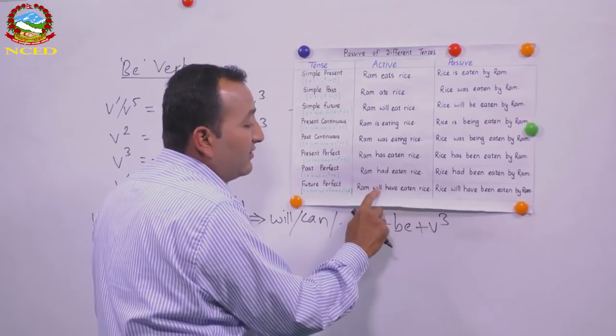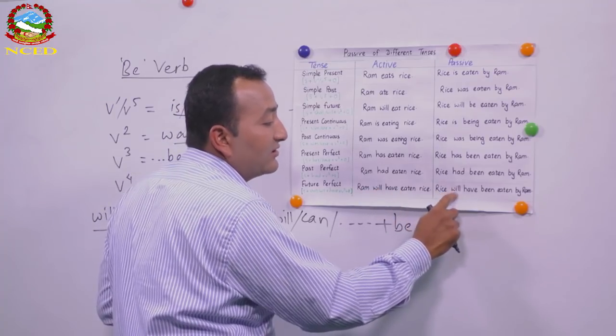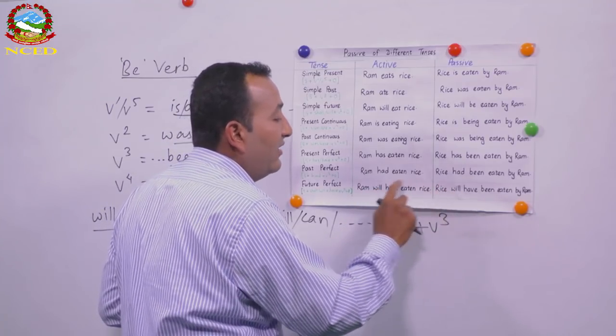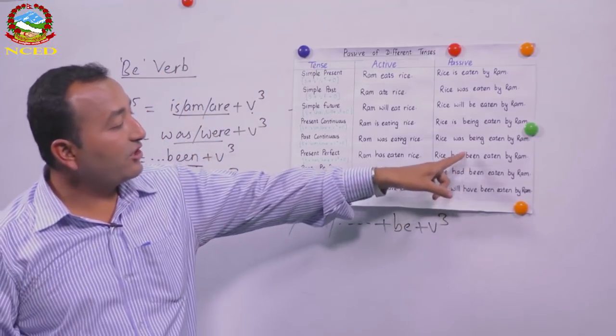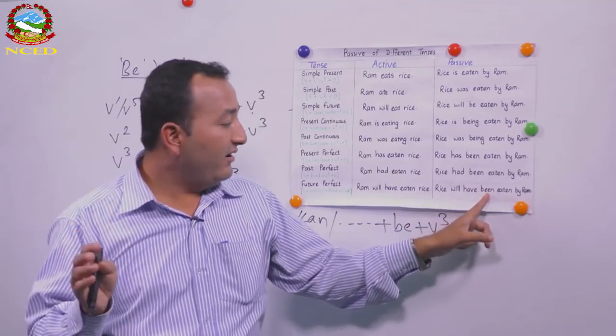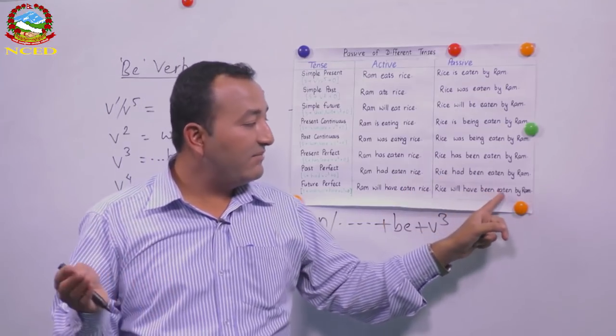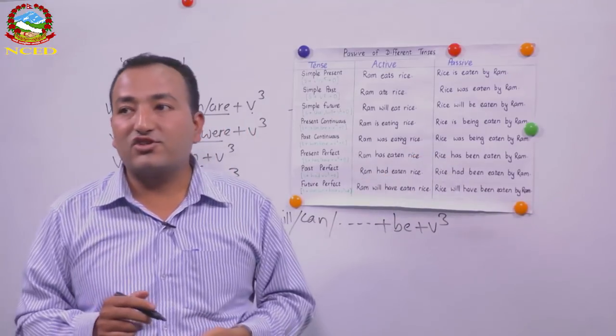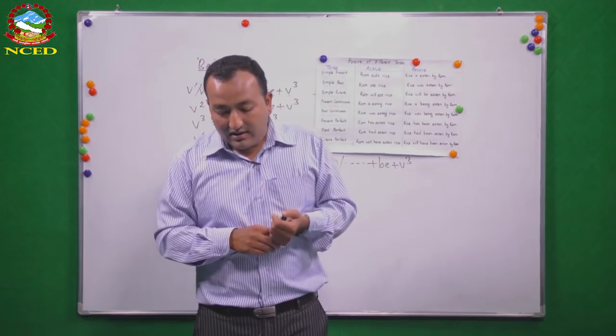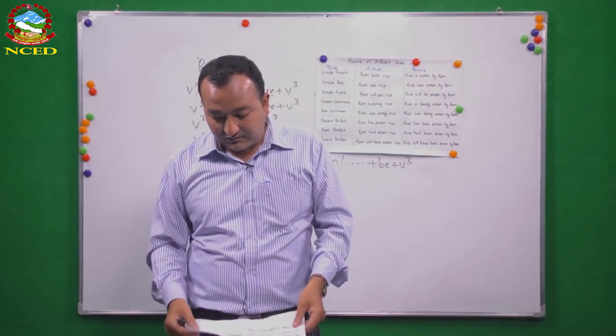Then will have, the same auxiliary works here. Same, will have. There is verb 3, then as per the rule we use been. Been, then the same verb 3 we write, and then by plus agent, or by plus subject. We make it subject. We use it as object.